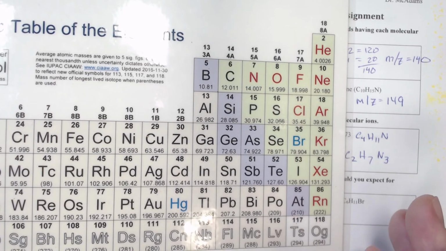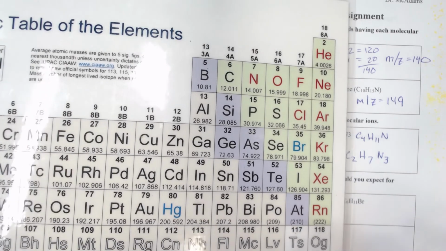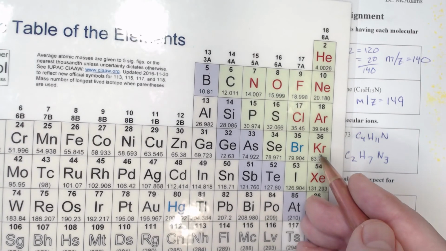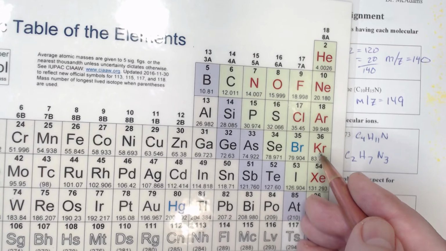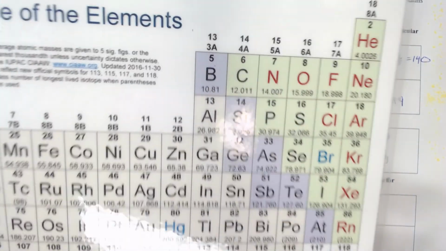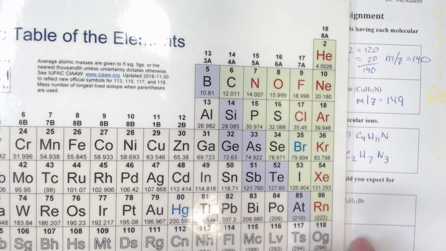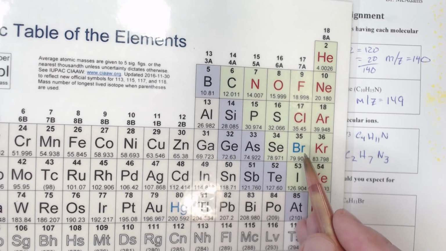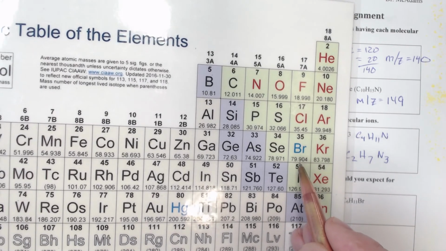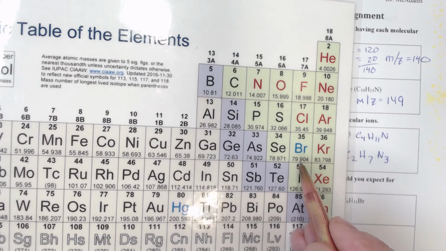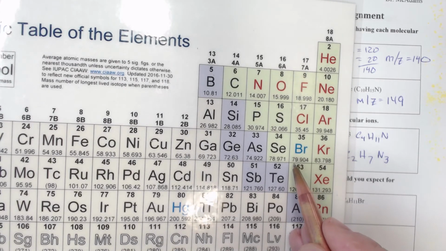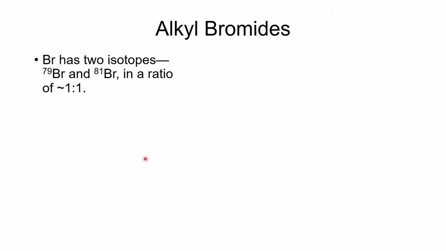It undergoes beta decay and gives you something else, I guess it would give you krypton. So bromine, you get bromine 79 and bromine 81, and they're almost in a 50-50 ratio. There's a little bit more of the bromine 79 than there is of the bromine 81, and that's why it's a little bit less than 80.